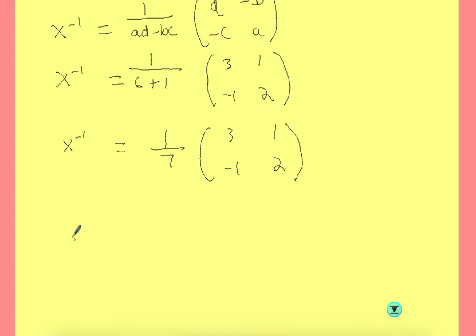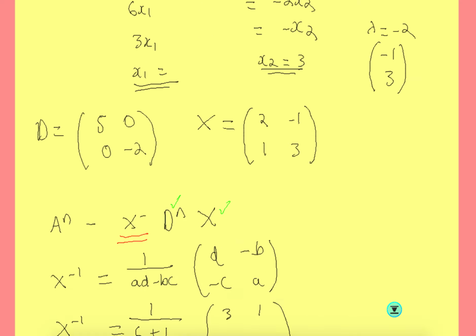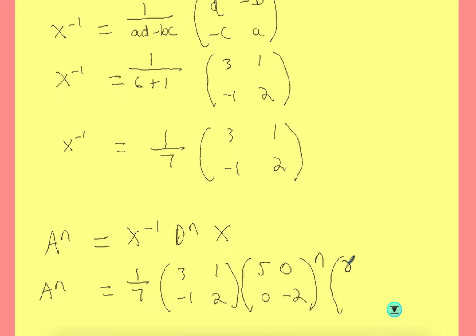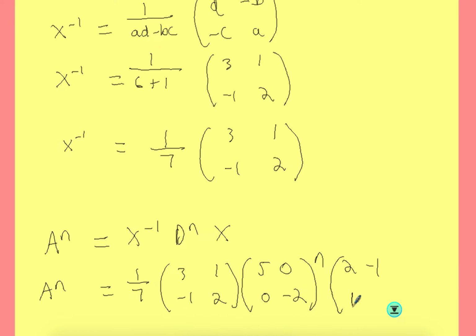Okay, so that means that A^n equals X inverse D to the power of n X. So that means that A^n is 1 over 7, 3, 1, negative 1, 2, multiplied by 5, 0, 0, negative 2, to the power of n, multiplied by X, and X is 2, negative 1, 1, 3.